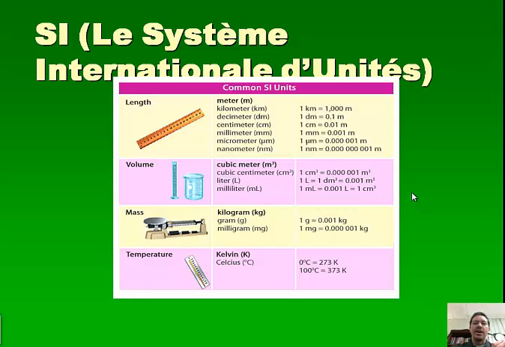Like we saw before, length is measured in meters, and we can also use kilometer, decimeter, centimeter, millimeter, micrometer, nanometer. Depending on how big a subject is will depend on which unit we use. We'll default to meter, which is what we call the base unit, and then we can go up or down from the base unit.